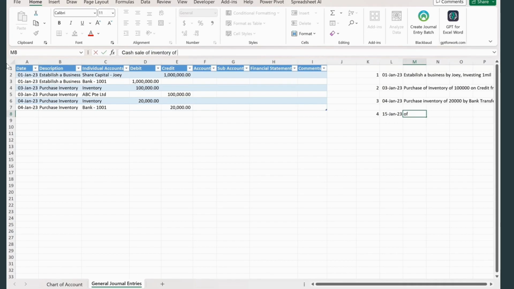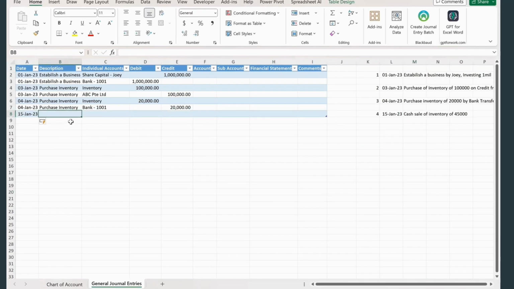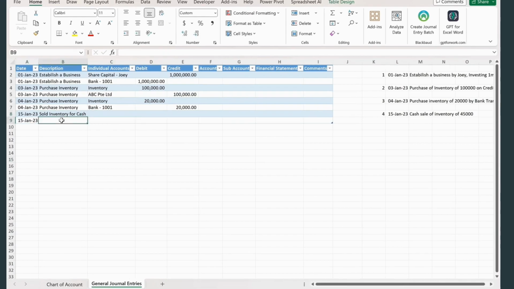Jan, cash sale of inventory of 45K. Here we debit our bank by 45,000.